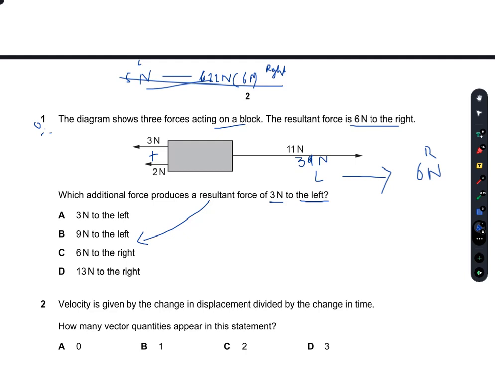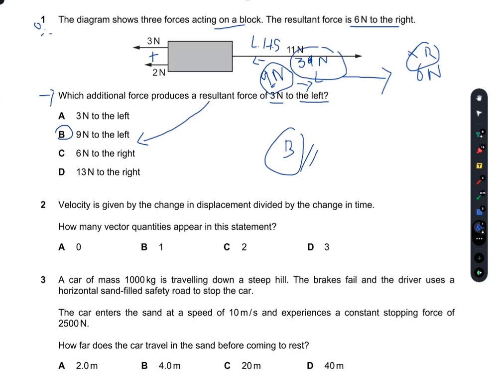So I will have a total of 9 newton force on the left hand side, so that 6 out of this 9 cancels the effect of the right hand force, and then I am left with 3 newtons force on the left hand side as we have been asked in the statement. So a 9 newton force to the left is required to produce a resultant force of 3 newtons in the left direction. So B is the right option.